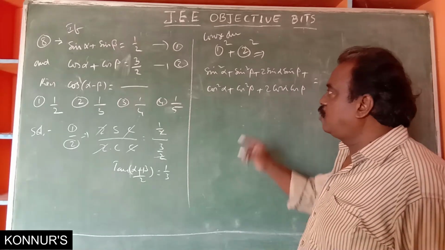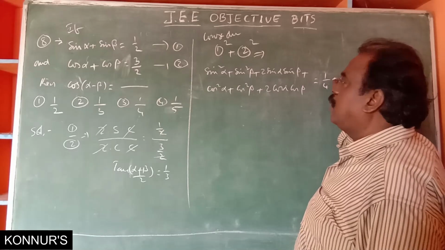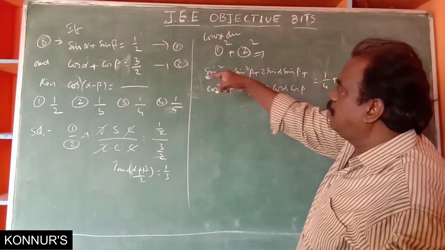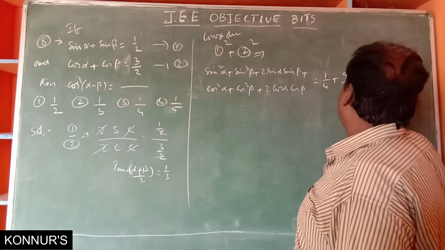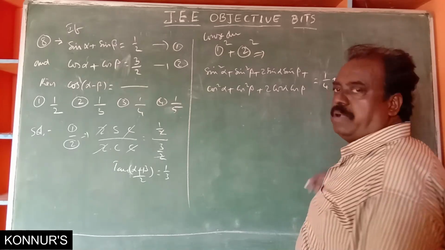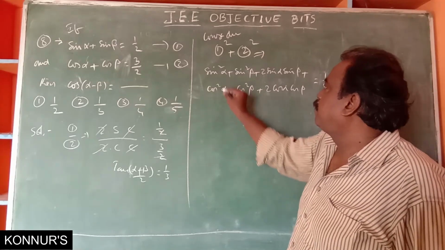The answer is 1 by 2 square is 1 by 4, 3 by 2 square is 9 by 4. It is 10 by 4, that is 5 by 2. Okay?